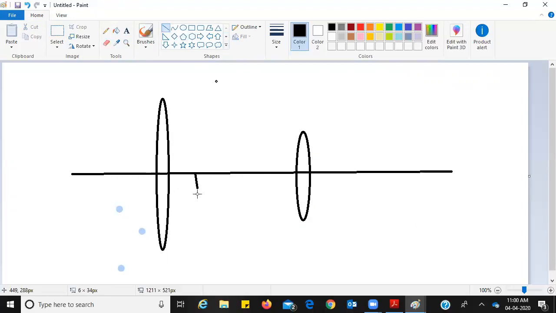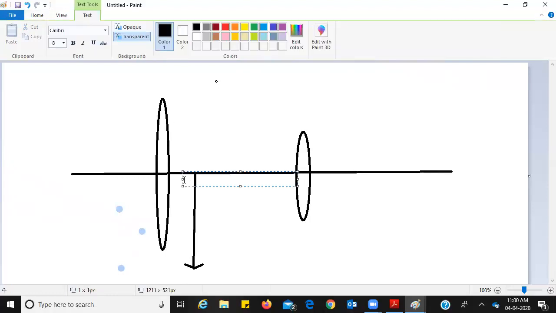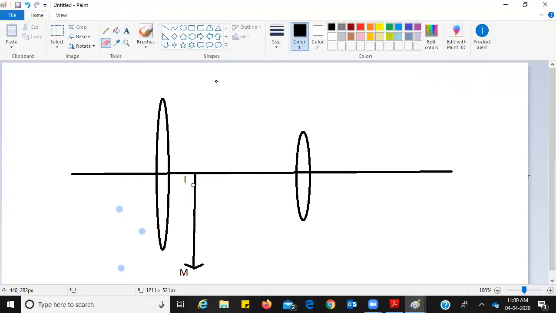I'm drawing the final image here. We mark it as IM. Virtual.